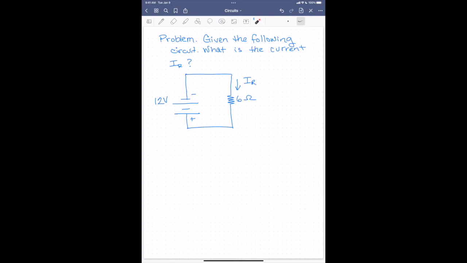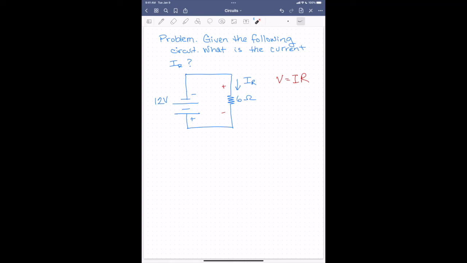So here's a circuit with the voltage from here to here being plus 12 volts, and we want to find the current IR that goes through that 6 ohm resistor. Now we know that Ohm's law says that V is equal to IR, so we will use that. But in order to do that, we need to know what the voltage is. The voltage from here to here is how Ohm's law is defined, right?